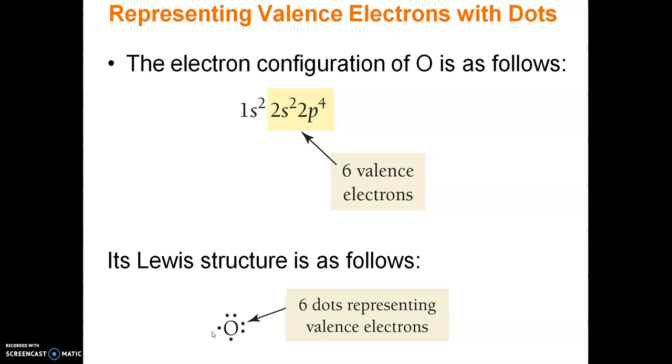Now, notice how we do that. There are 4 sides: top, bottom, left, right. There's a total of 2 plus up to 6, so a total of up to 8 electrons to work with. And we know because of the orbitals that they pair up. So we use each side essentially as an orbital and wrap it around the symbol for the atom.